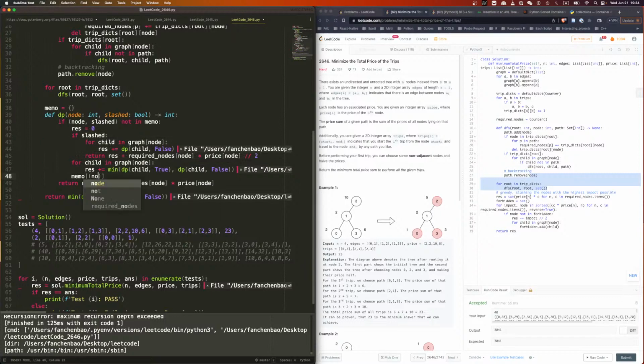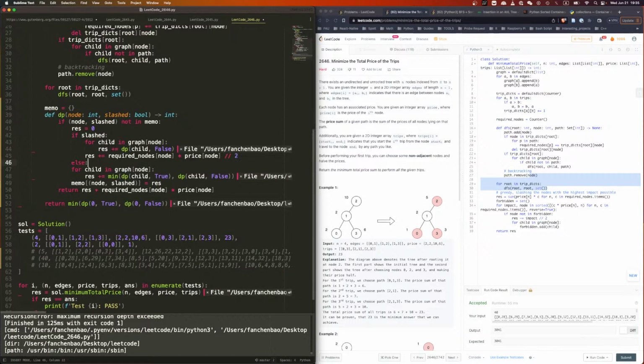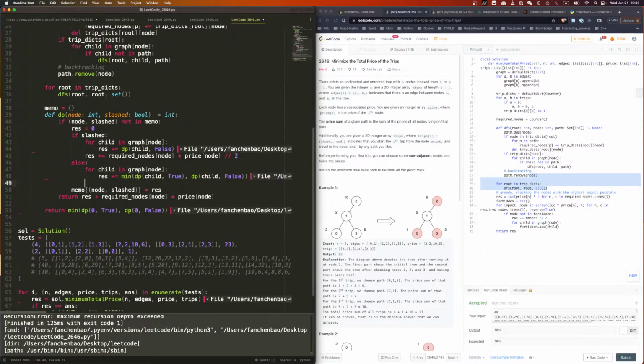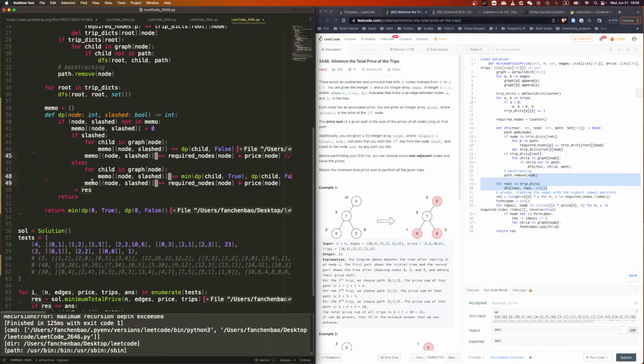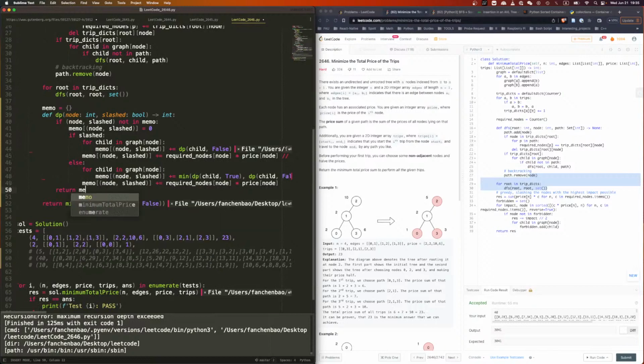Set memo[node, slashed] equal to res plus, if not slashed, then res plus equals this, else res plus equals this. And then I don't need to do res. It's just the memo. Right? And we'll return memo.